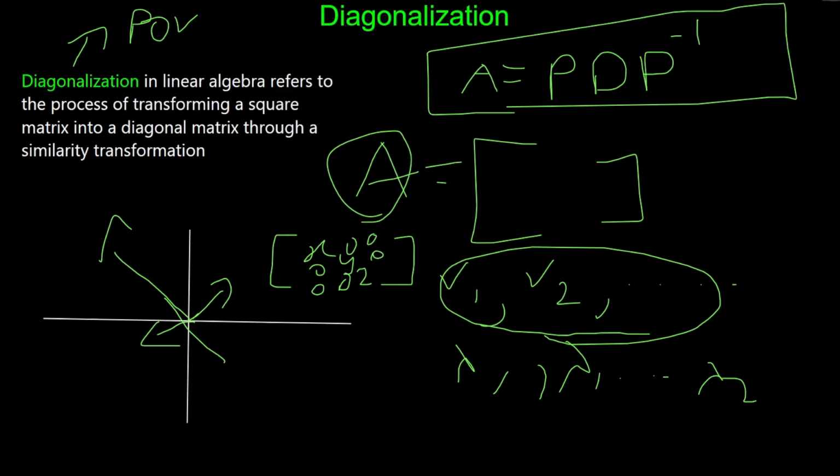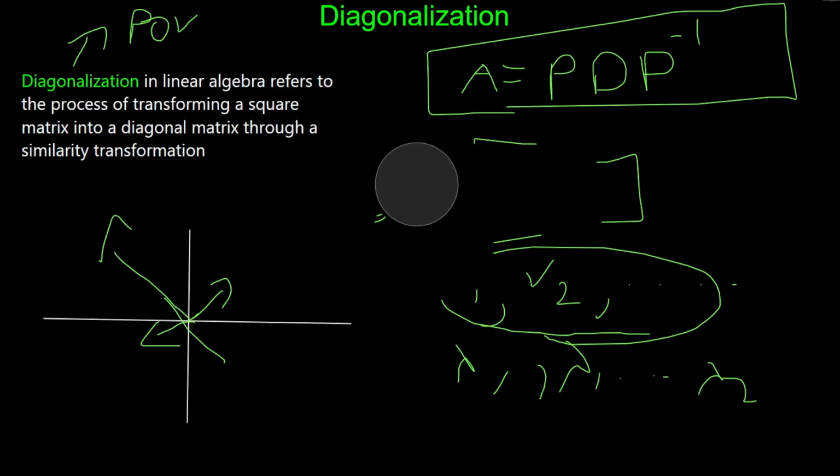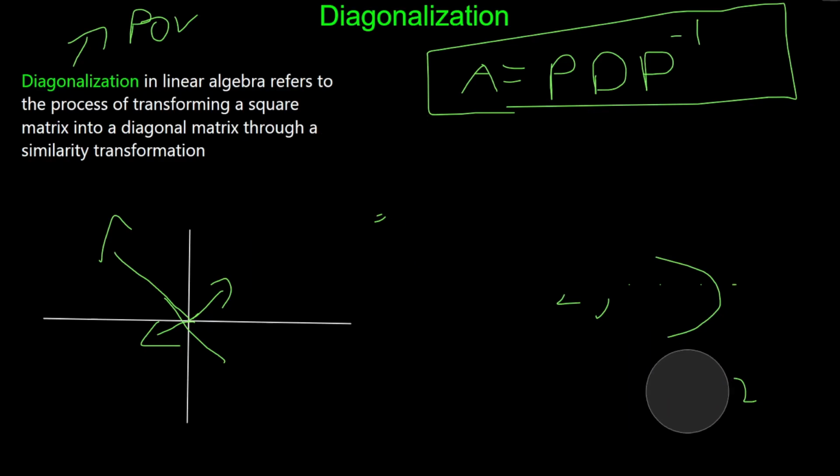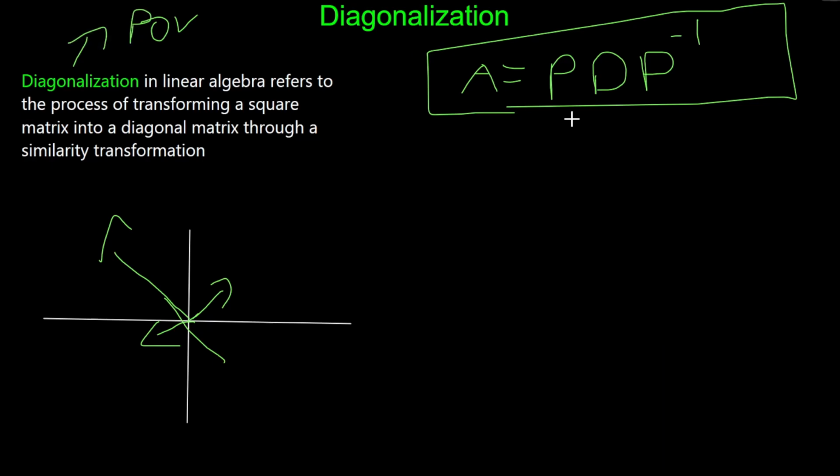Let me erase this. D is the diagonal matrix, and the diagonal matrix will have the eigenvalues. Let's say we represent eigenvalue lambda 1 and lambda 2.